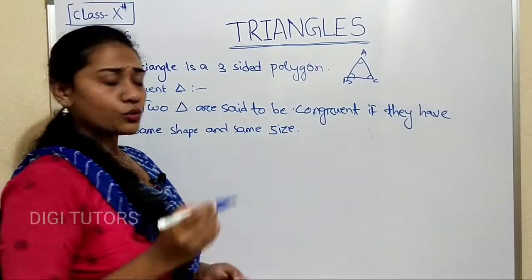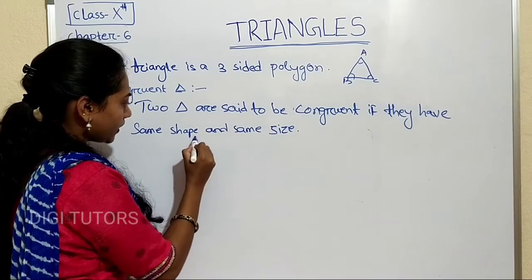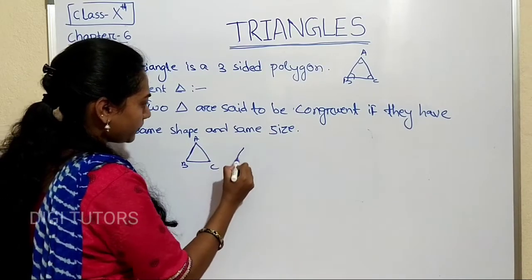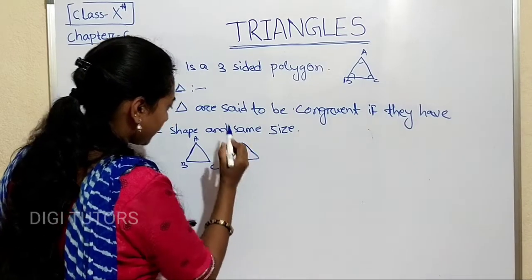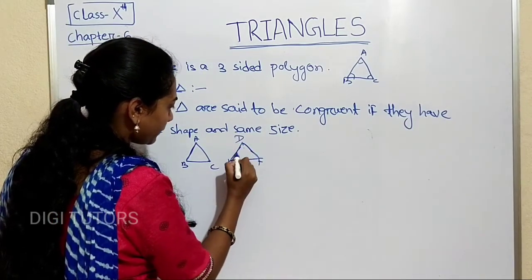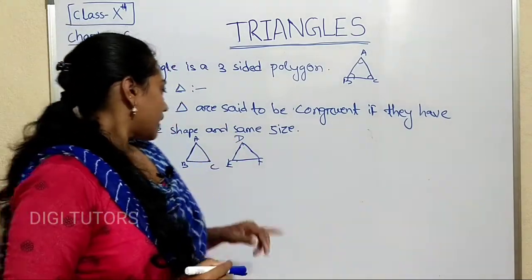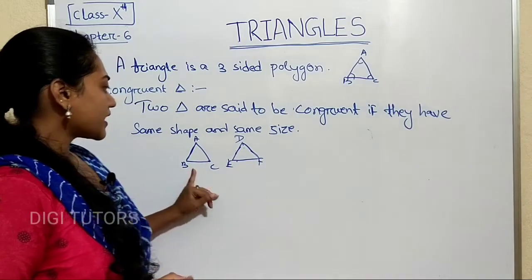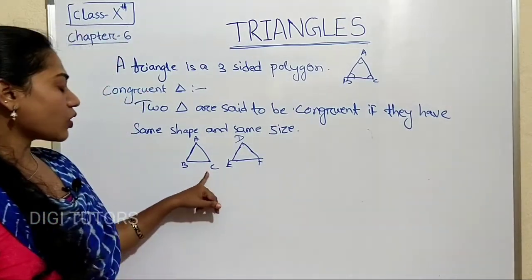If we compare two triangles, let's take two triangles ABC and DEF. If these two triangles have the same shape and same size, then we can call them congruent.